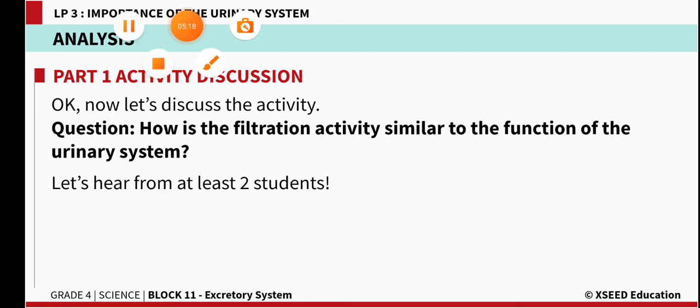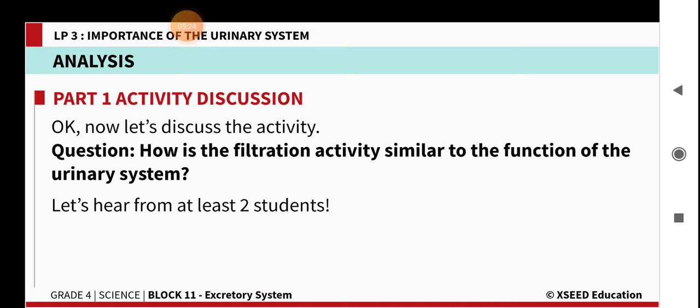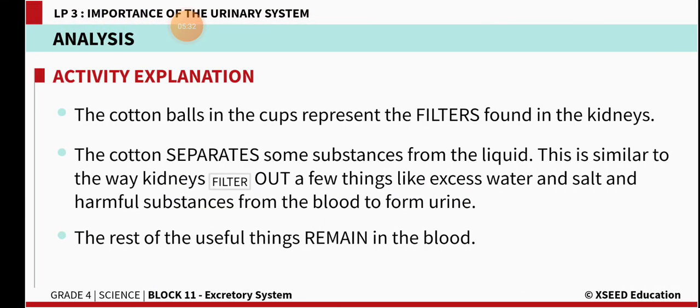Just now I showed you the two cotton balls acting like kidneys, the straws acting like ureters, and the big bowl acting like the urinary bladder. In this way, this model is helping to understand the function of kidneys and urinary organs.